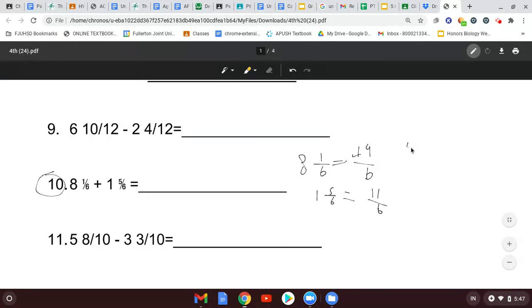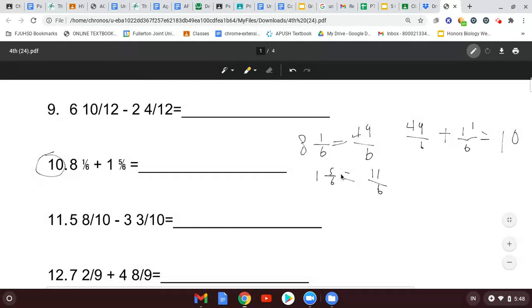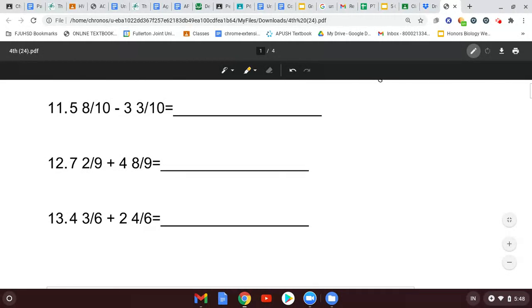So it'll be 49/6 plus 11/6, which should make it 60 over 6, or simply just 10. Okay, so you can do that as that.